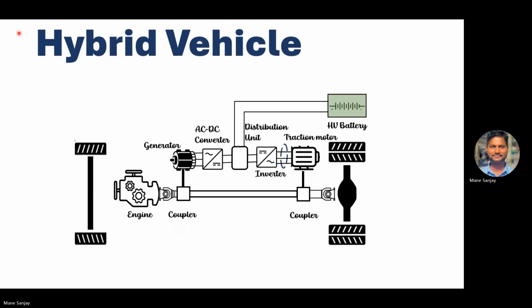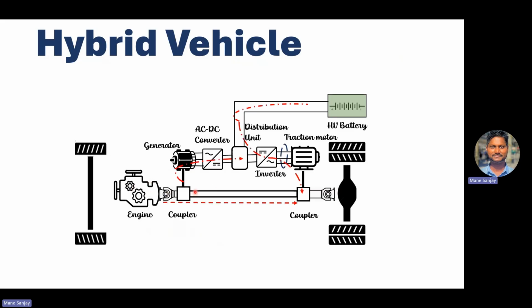We have seen in the last session how the hybrid vehicle works. Here is the high voltage battery. If the battery provides the power to the vehicle, then it's EV mode. If the power is fed from the engine through the generator, through the AC-DC converter, and then to the wheel through the traction motor, this is called a series configuration.